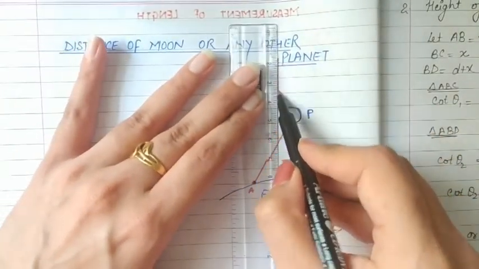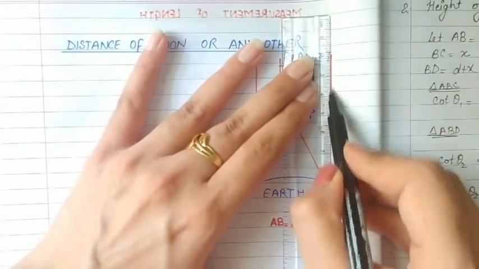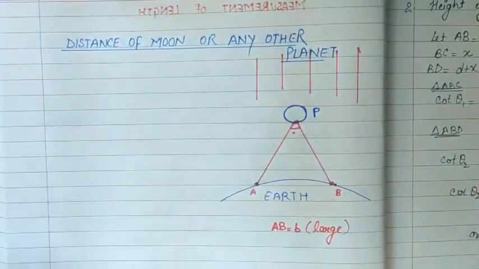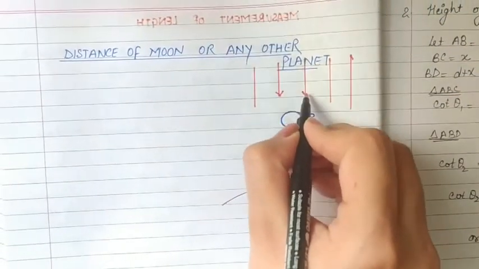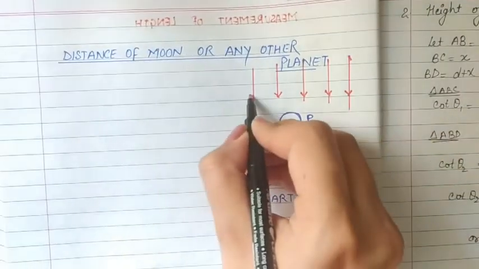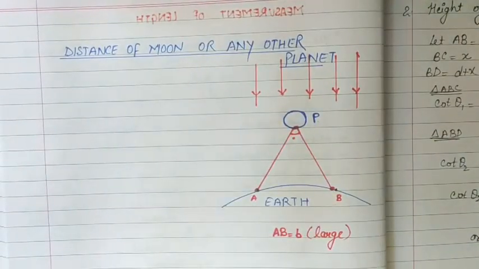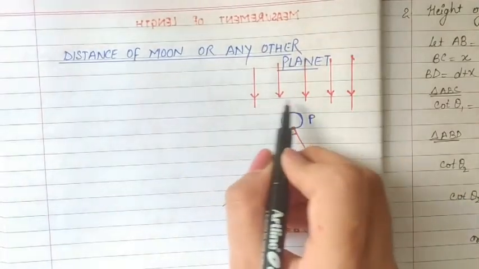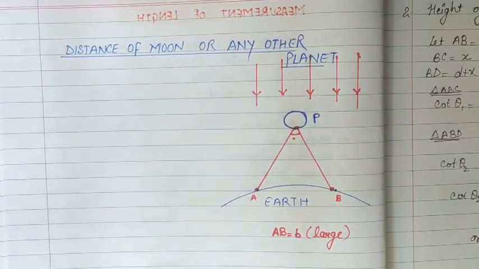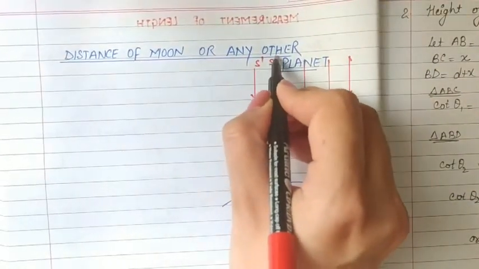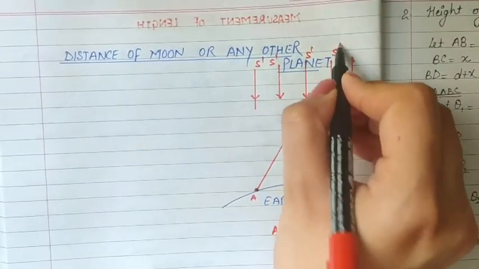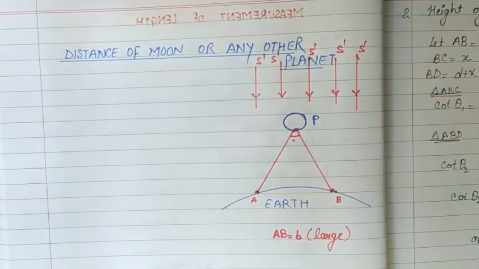The rays that are coming from a farther star S dash will be like this, parallel rays. These all are coming from star S dash, which is very far from Earth.